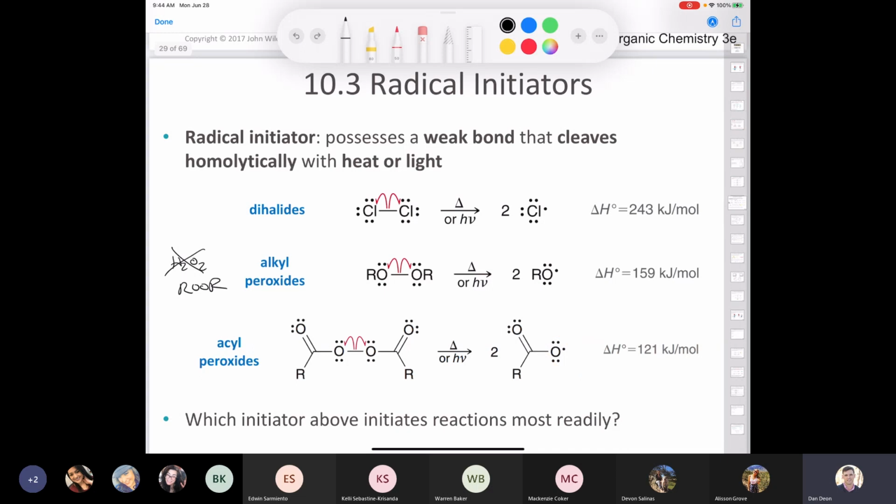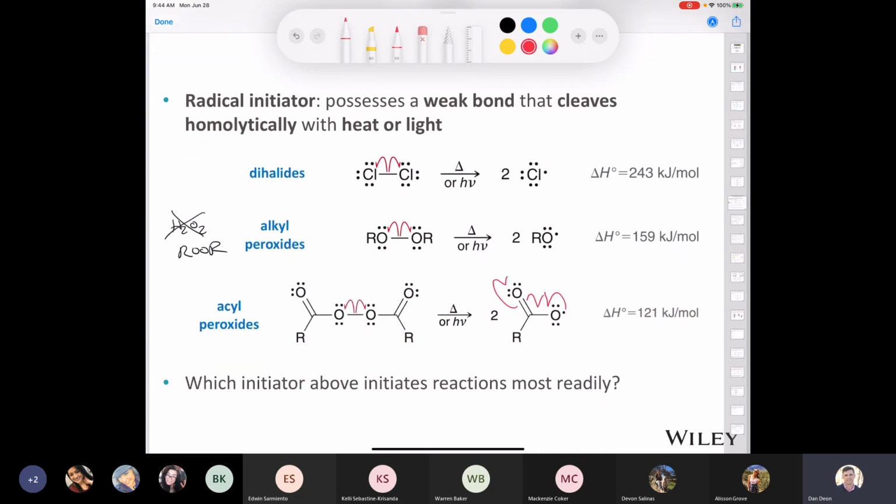And you could draw the curved arrows. They're in the textbook, okay? But you could draw the curved arrows to show the resonance contributor here. But the answer to this question is the acyl peroxide, since lowest BDE, lowest bond dissociation energy.